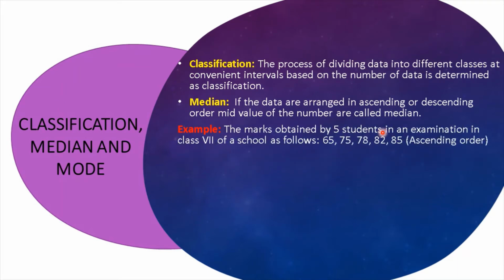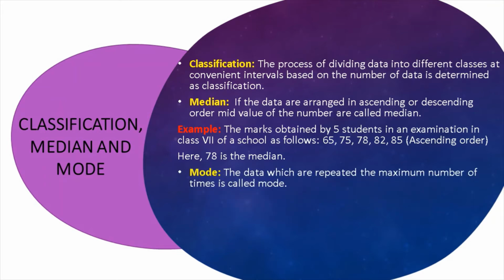The marks obtained by 5 students in an examination in class 7 of a school as follows: 65, 75, 78, 82, 85. So they are in the ascending order, my dear. So you can easily find the median. Here 78 is the median. Similarly, if we do the descending order of this data, we will get 78 as the median.